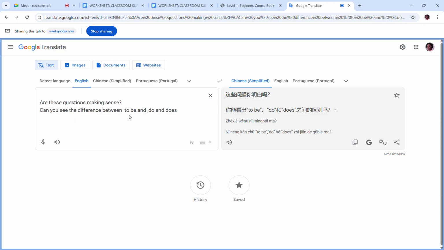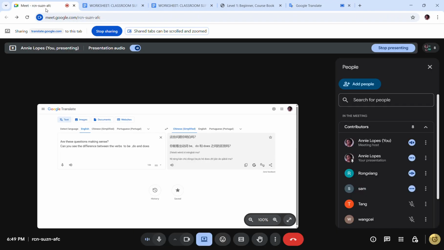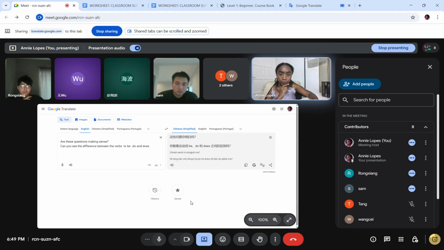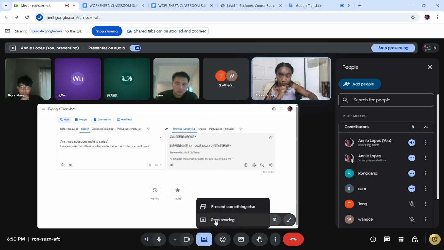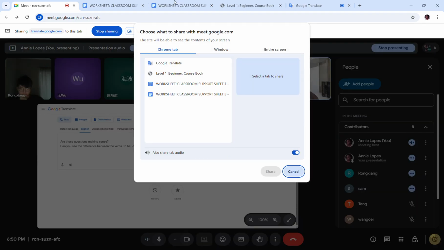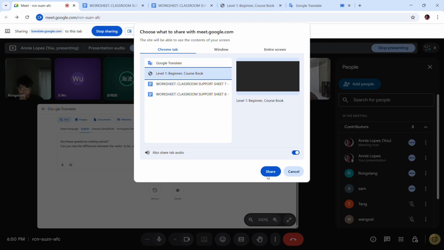So remember the difference between the verbs, right? To be, do, and does, right? Okay? So let us practice a little bit more. Let me just go back to our textbook.